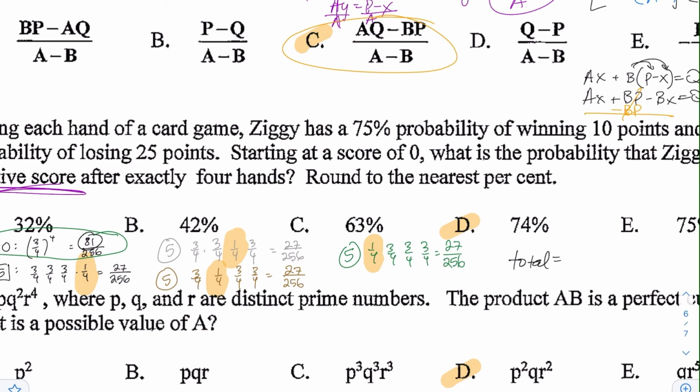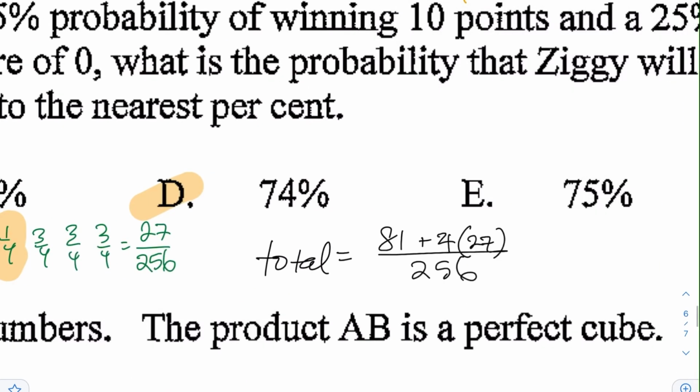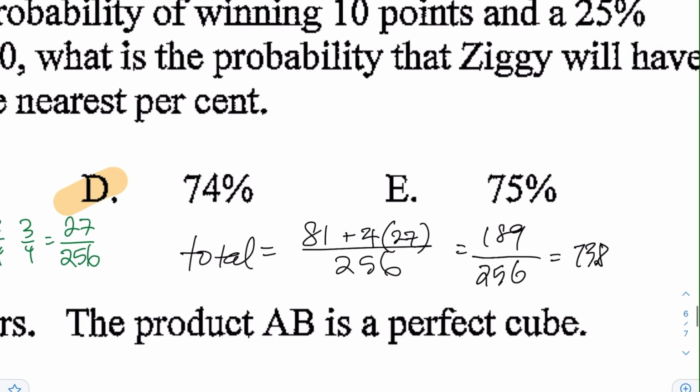You have 81 plus 4 times 27, all over 256. When you calculate that, 27 times 4 is 108, plus 81 is 189, and you divide it over 256, that's equal to 73.8%, which is about choice D, 74%.